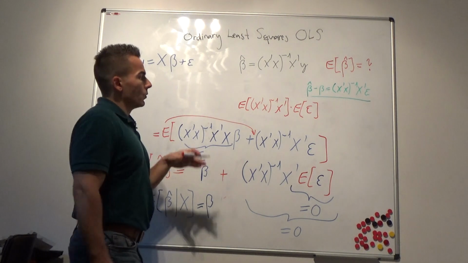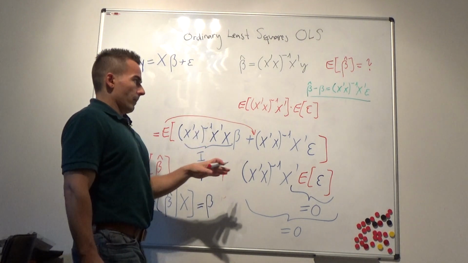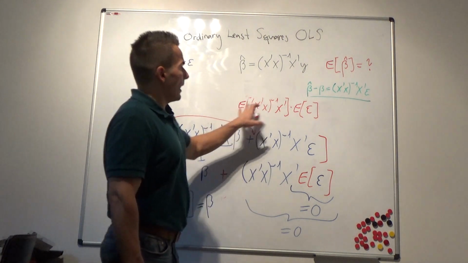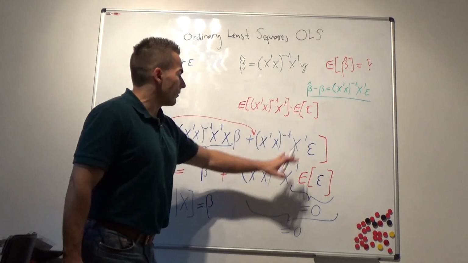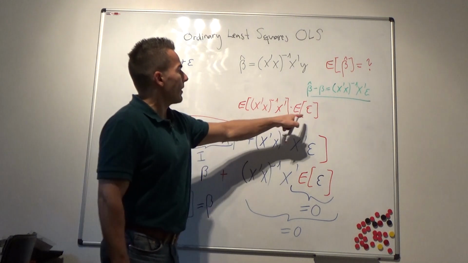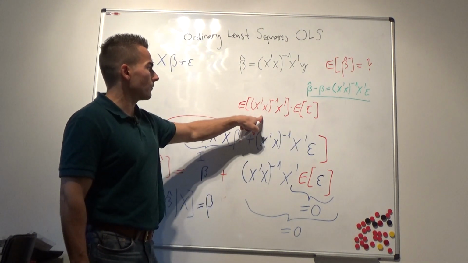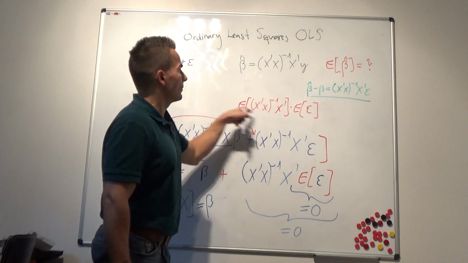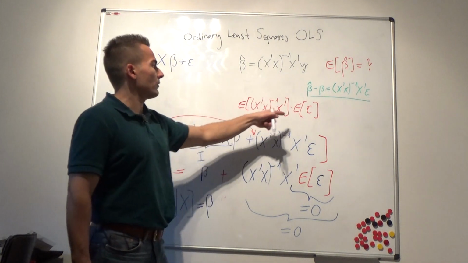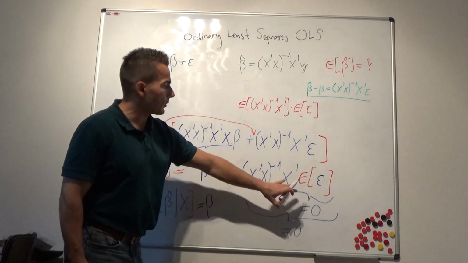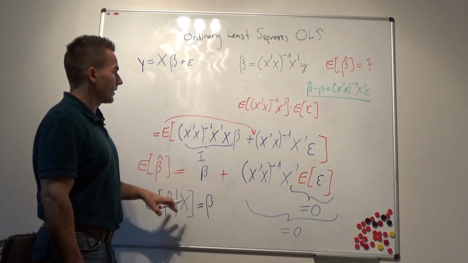And once again, we can only do that if epsilon and x are uncorrelated. What comes out is the same thing, because if the expectation of epsilon is 0, even if this other term is not 0, the whole term becomes 0, because whatever you multiply with 0 is 0. So it doesn't change the end result.